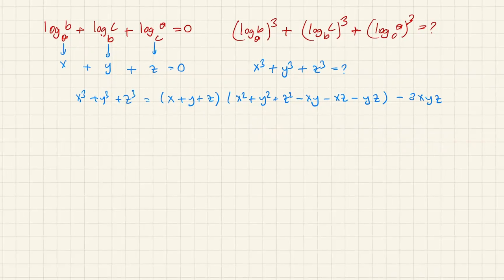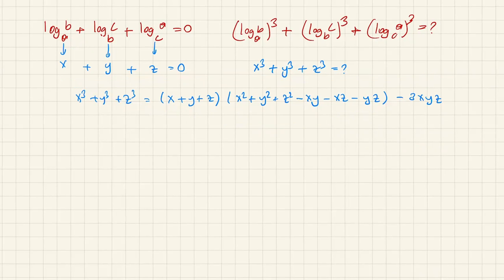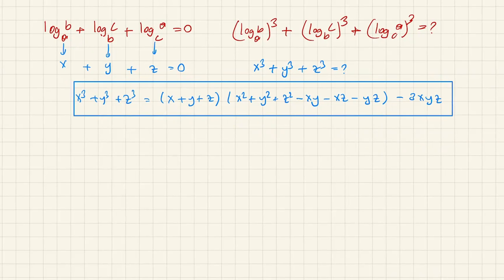But now I'm going to say this is actually another identity that you might be seeing sometimes, okay? I just didn't like this one, so let me change this. I'm going to put it this way. Again, this is just another identity, which is the sum of the 3 cubes and is equal to the sum of those 3 terms times something, okay?